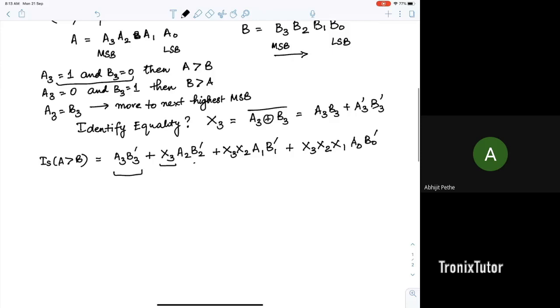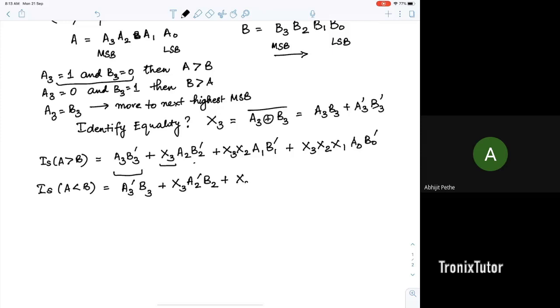So similarly, if I want to define the other expression, how would I write this? What would be the first term of this expression? The first term is going to be A3 prime B3. So this is identifying the combination 0, 1. Again, if this is not true, then I look for equivalence and then I look at the next highest bit.